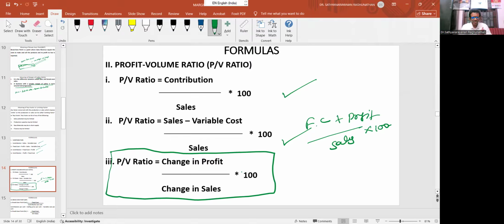For that purpose, you apply the formula change in profit divided by change in sales into 100. Suppose in a question they have given profit for 2025, 50,000, for 2026, 48,000, and sales for 2025, 60,000.